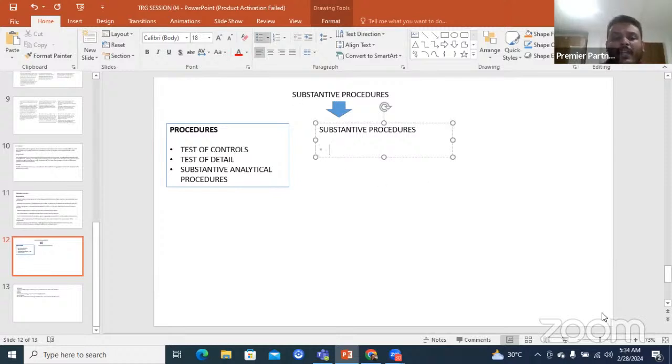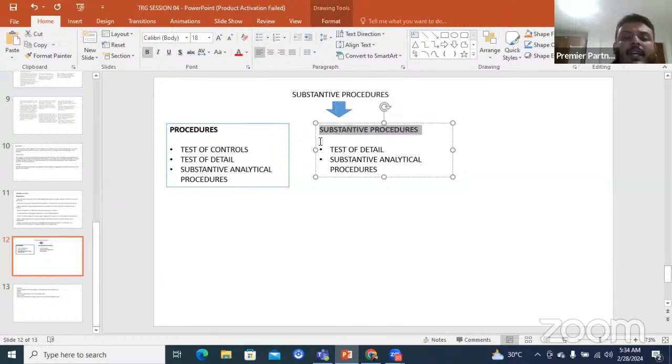If the verb is substantive procedures, you can only write test of detail and substantive analytical procedures.